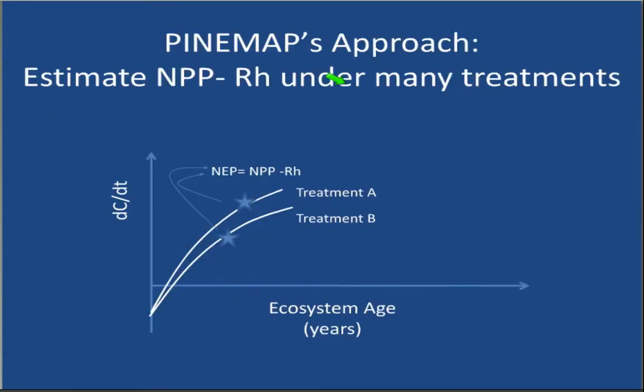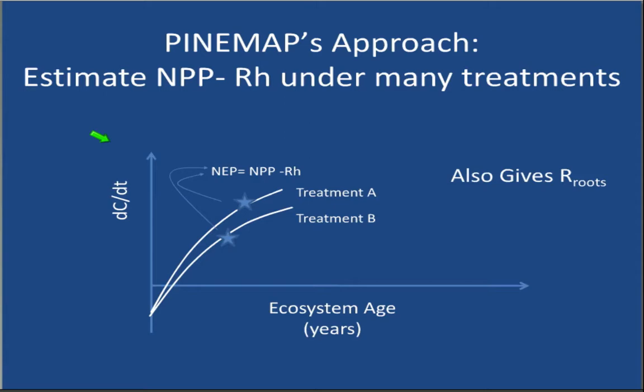So just to review what we're about in Aim 1 for PINEMAP, we are taking the approach of estimating for many, many different forests, up to at least 28, the difference between NPP and heterotrophic respiration, and using that to estimate NEP. That information will then go into our modeling group's efforts to extrapolate to the many other forests that we're measuring just for growth.